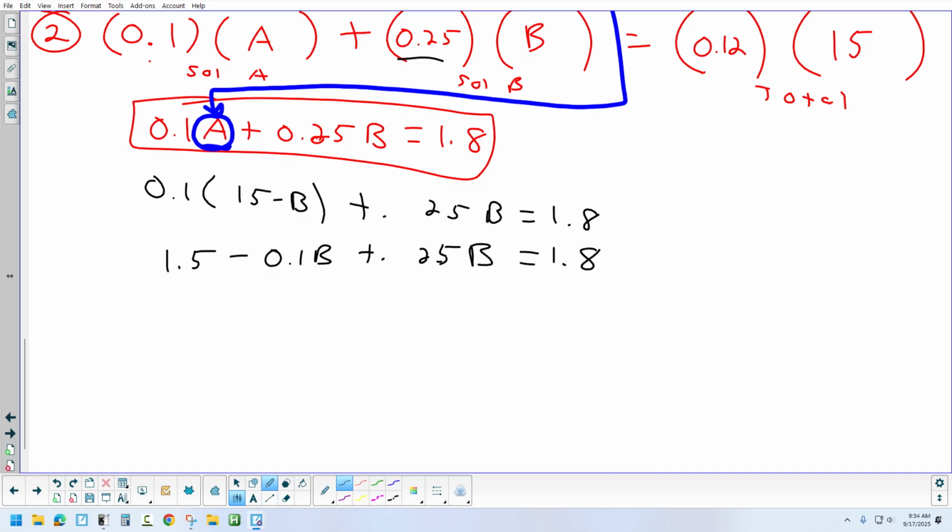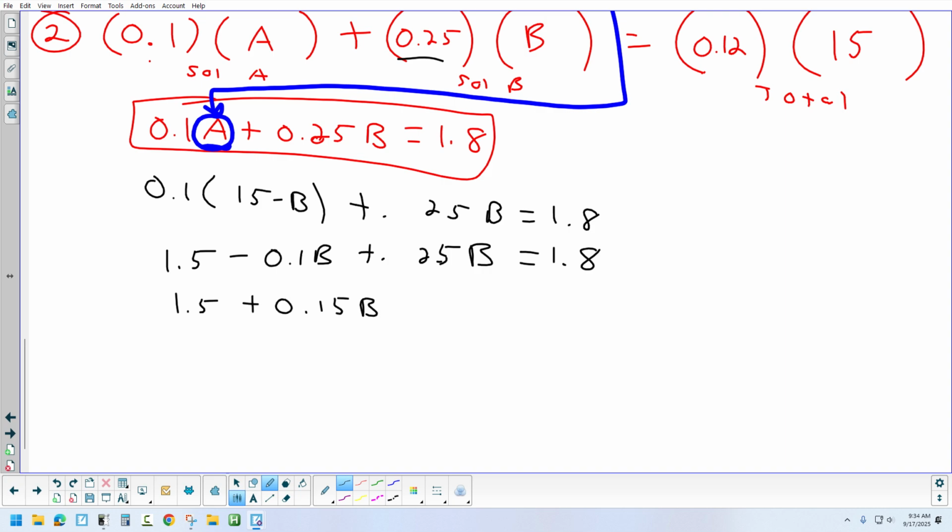Okay, combine like terms. What's 0.25b take away 0.1b? How much? That's if you took away 0.01. We're taking away 0.1. 0.15. Yep.